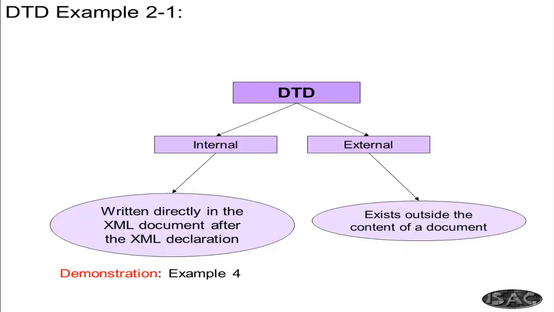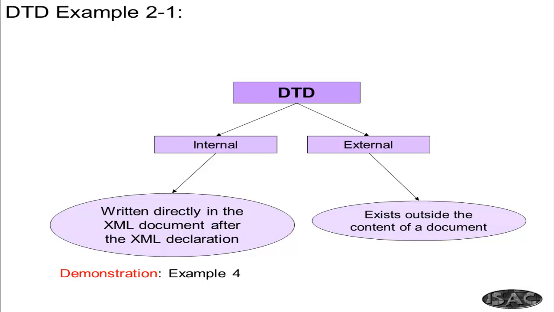Now DTD can be categorized into two parts called internal DTD and external DTD. Internal DTDs are those which are written directly inside the XML document itself after the XML declaration. External DTD means that the DTD has been defined in a separate individual file which sits somewhere else.